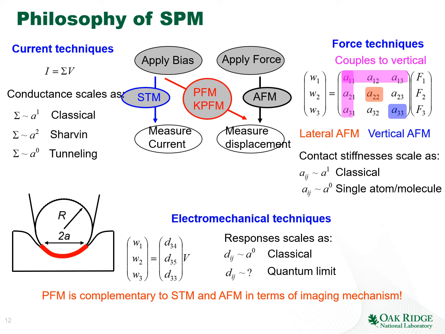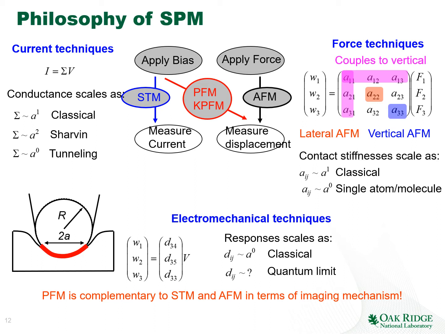In techniques such as AFM or acoustic force microscopy, the signal is actually a second-rank tensor, and unfortunately only two elements of this tensor are measurable directly. And also the contact stiffness scales as the first power of the contact radius, which means that the AFM signal is very strongly dependent on the topography.